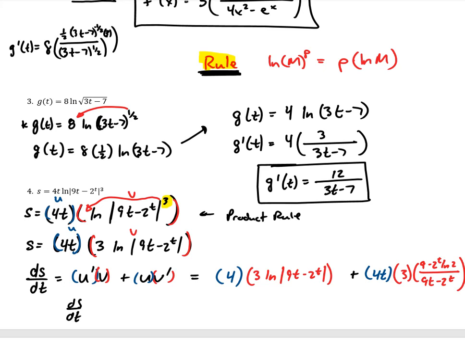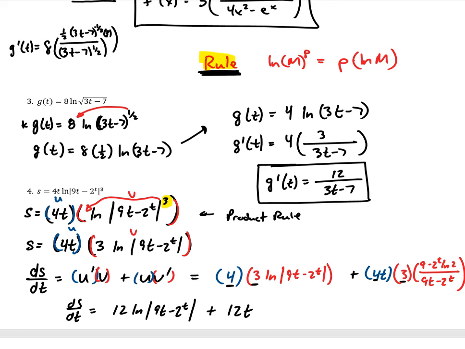So our ds dt is, well, this 4 and that 3 multiply to give us 12. And then we could write the natural log of 9t minus 2 to the t in absolute values. And then we have plus, well, this 4 and that 3 would also multiply to give us 12.